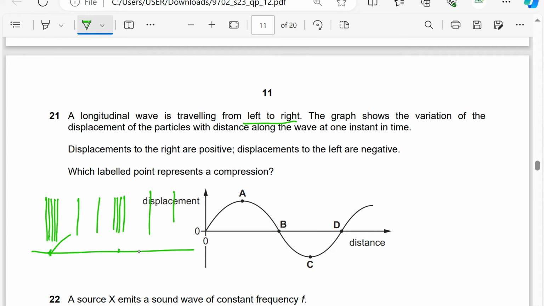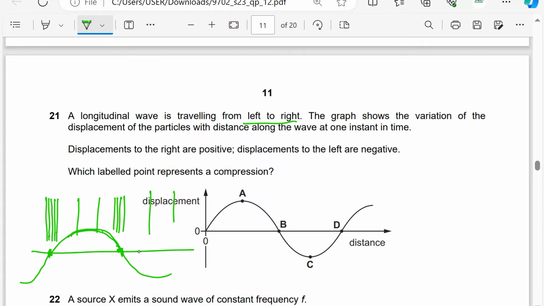Okay, sorry about that. So there is a maximum displacement between two compressions. Then maybe another rarefaction will come in like that. So that means here there is minimum pressure, maximum displacement, maximum pressure, minimum displacement.